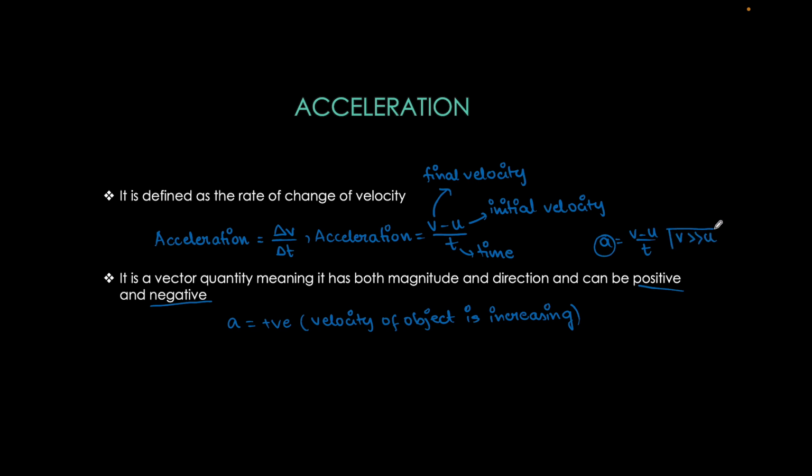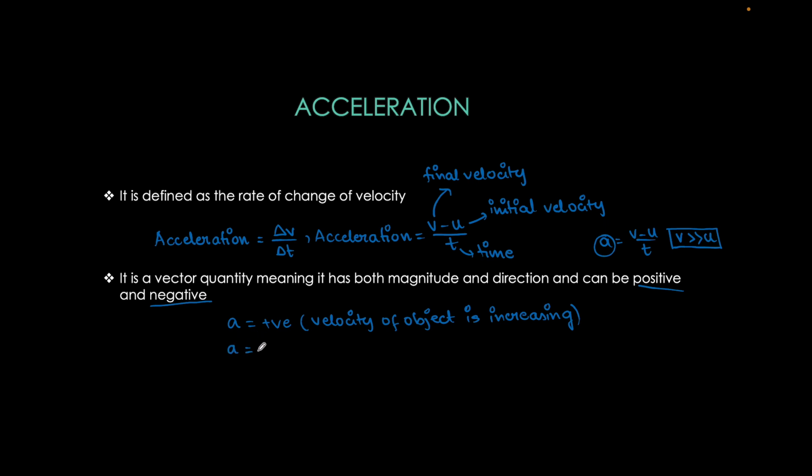If v is not greater than u, obviously the quantity will be negative. But since the acceleration is positive, v should be greater than u, meaning the final velocity is greater than the initial velocity, which also means that the velocity of the object is increasing.